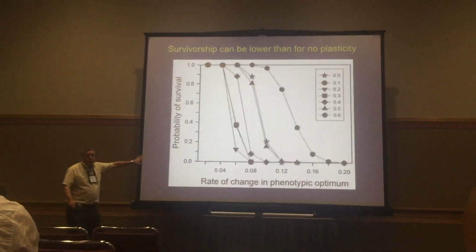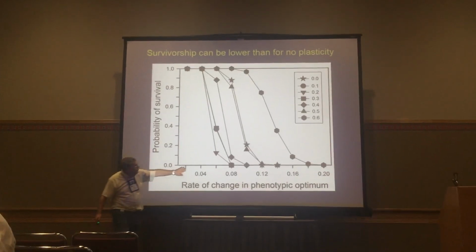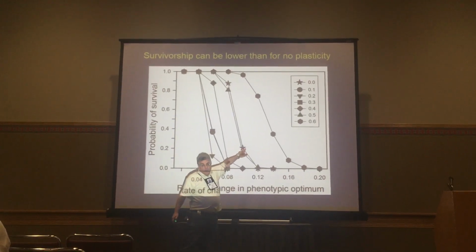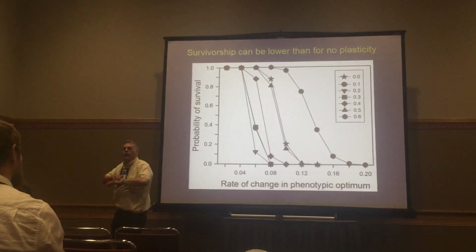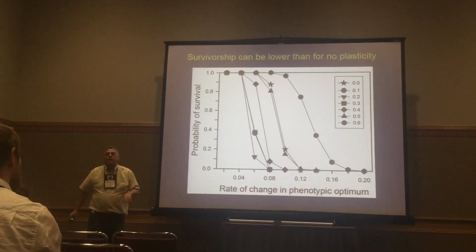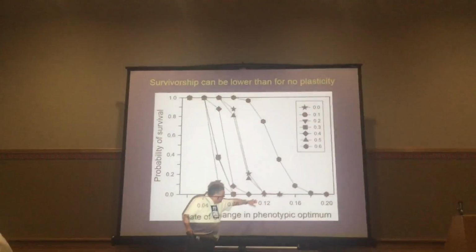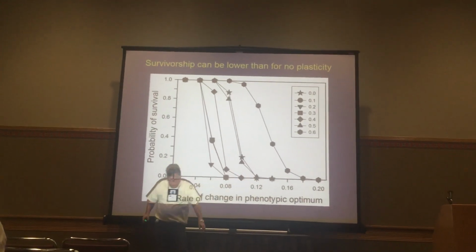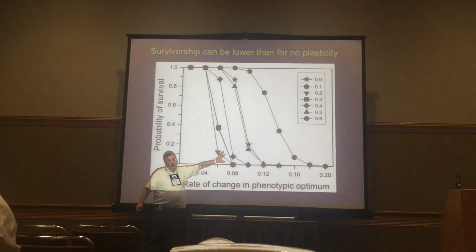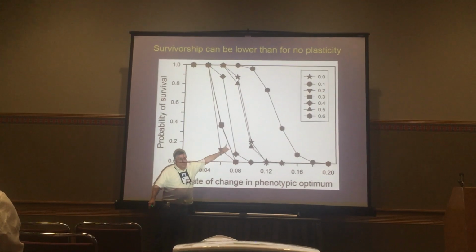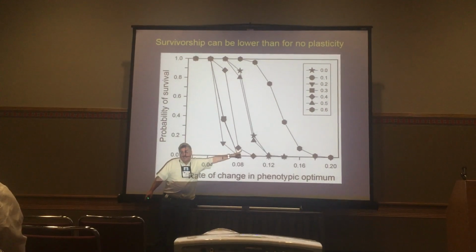Now let's look a little bit closer at this survivorship because something very interesting is going on. Here are these stars. That's with no plasticity at all. So that's the base rate if you just have a non-plastic response. At this rate of change, everything goes extinct. Notice at low amounts of plasticity, survivorship is actually lower than it is with no plasticity at all.